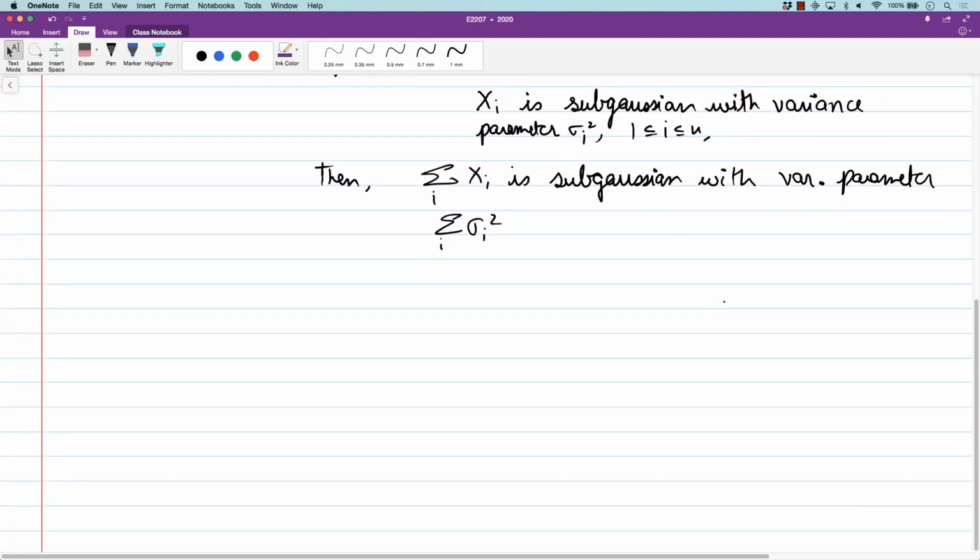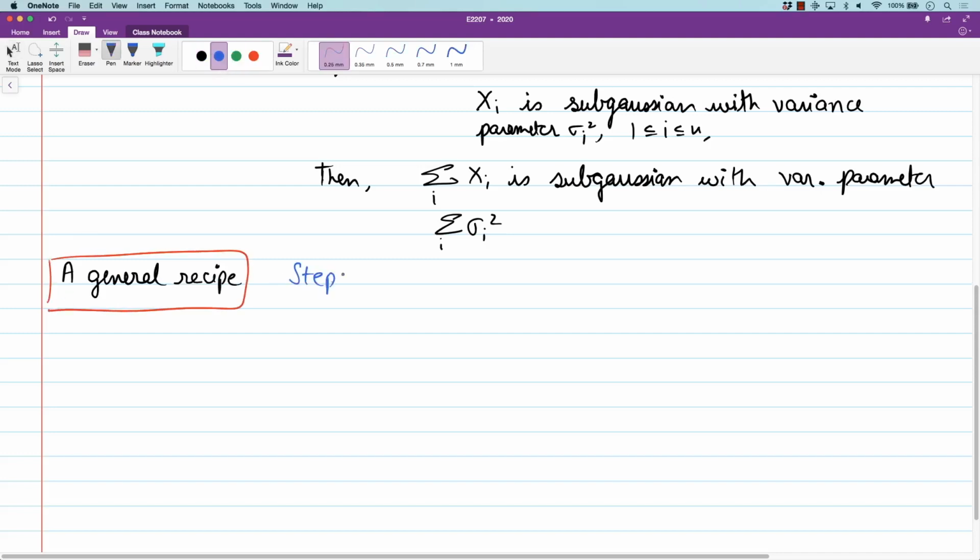So to summarize, the general recipe that we have been following for deriving concentration bounds is the following.